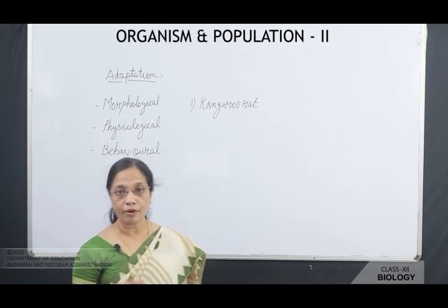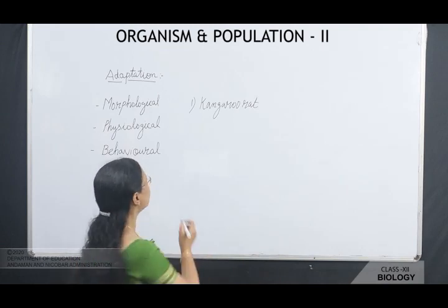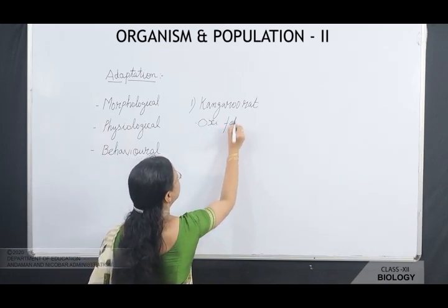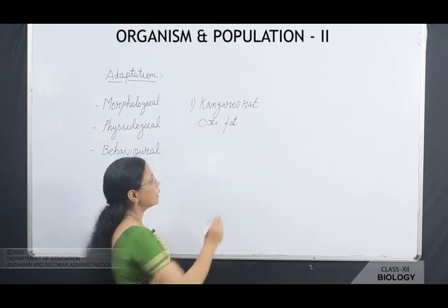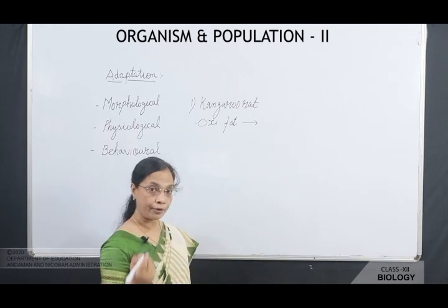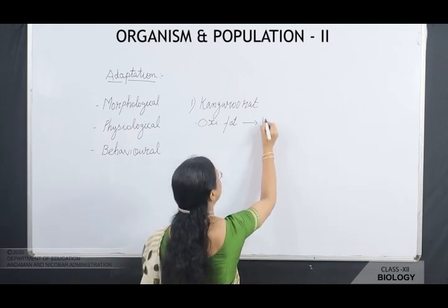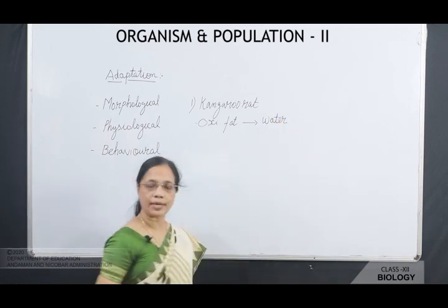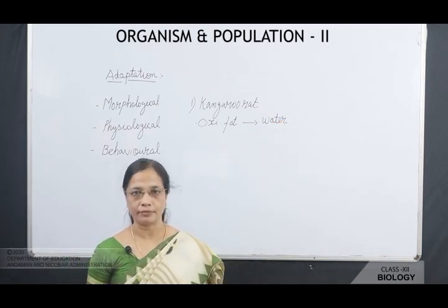They meet the need of water by oxidation of fat which is present in its body. The fat is oxidized, and by this oxidation, a byproduct is formed. That byproduct is water. This water they utilize for metabolic activity.